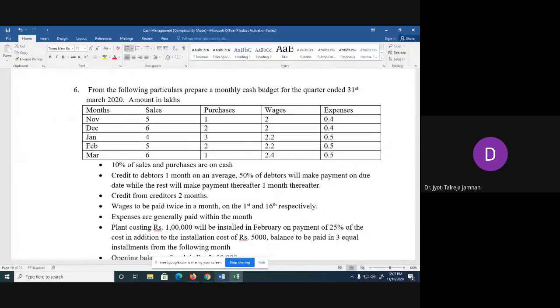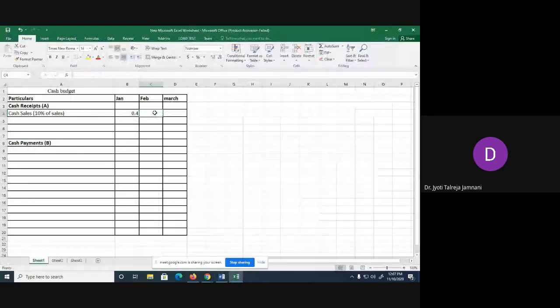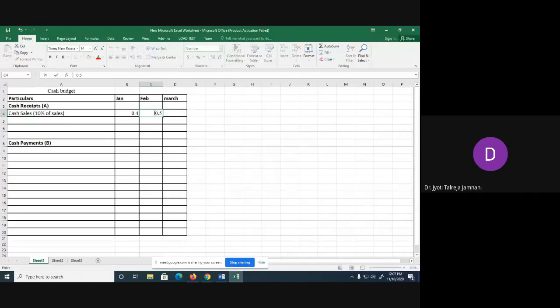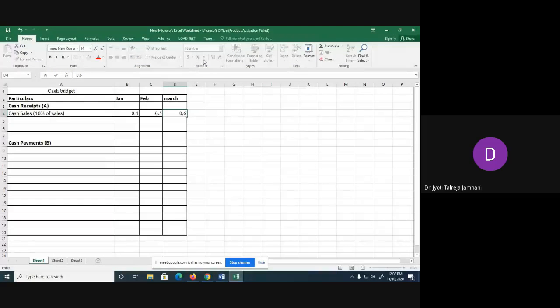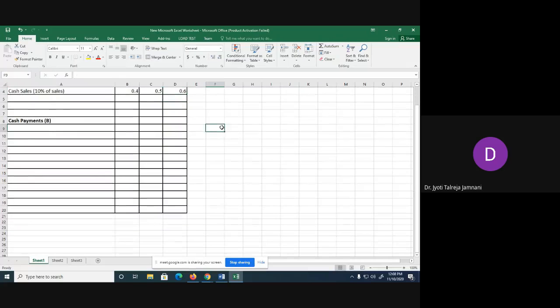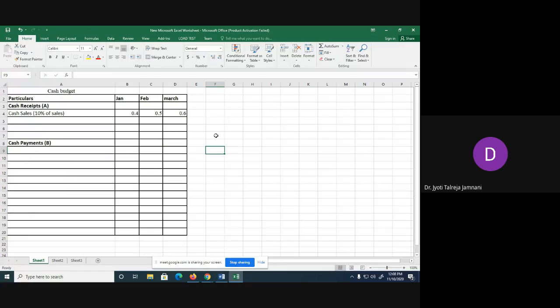Then for Feb you have 5 lakh, 10% would be 0.5, that is nothing but 50,000. And for March, the sales is 6 lakh, so it will be 0.6. That is 60,000. If you want, you can take whole numbers also, because here the numbers are in decimal, so finding decimals will become a little difficult.